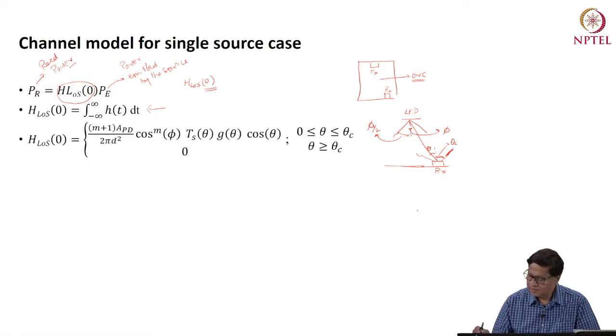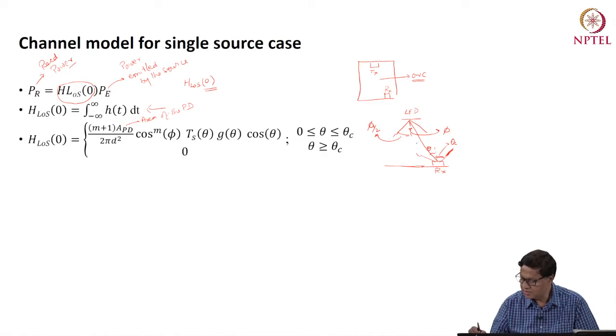So with this understanding, let us try to understand the optical wireless transfer function. This is given by M plus 1, where M is the Lambertian parameter, and A is the area of the photodiode, divided by 2 pi d square, where the distance between the source and the receiver is d.